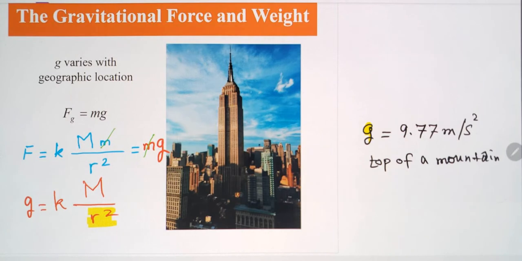For a person who is 100 kilogram, when you go about 10 kilometers, maybe it will be around 1 Newton. So he is 1000 Newton. So on the airplane, he may reach roughly 999 Newton.